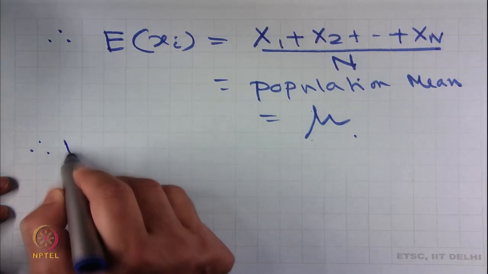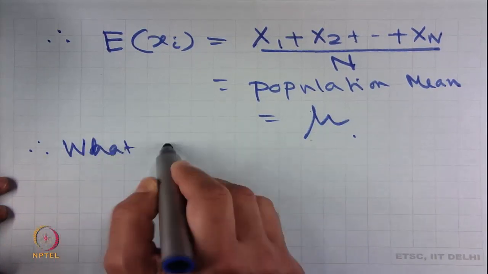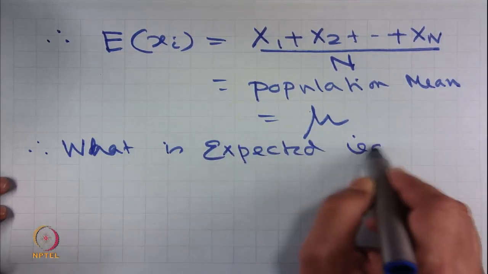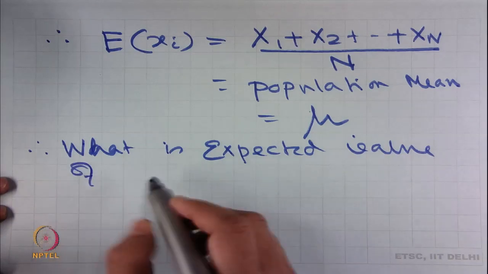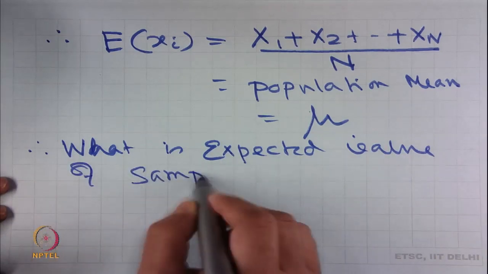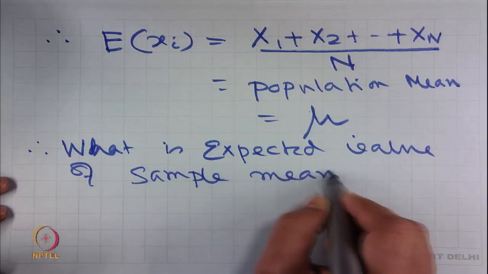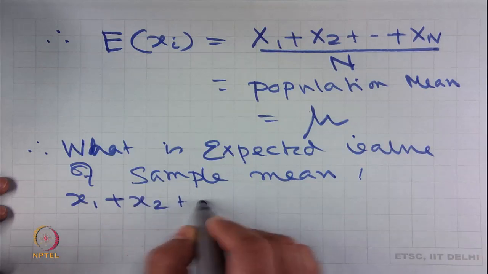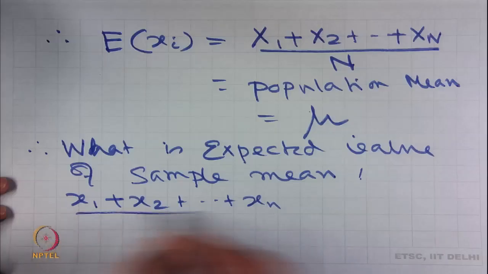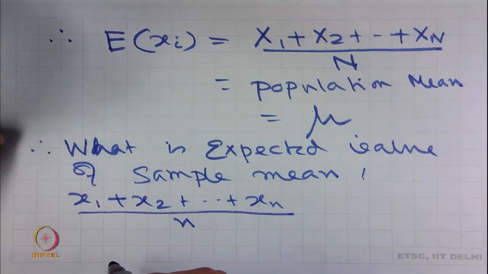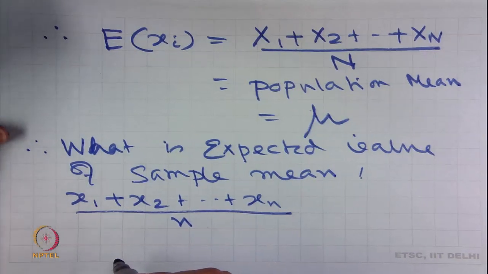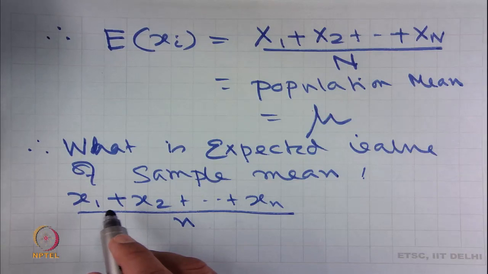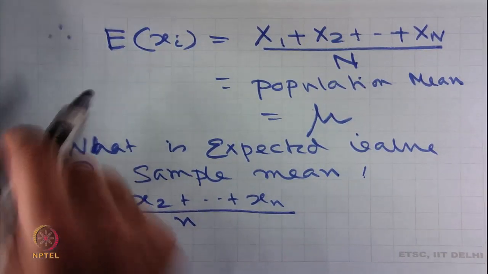Therefore, what is the expected value of the sample mean, which is x1 plus x2 plus xn upon n? We know from the theory of expectation that expectation of sum is equal to sum of expectation.